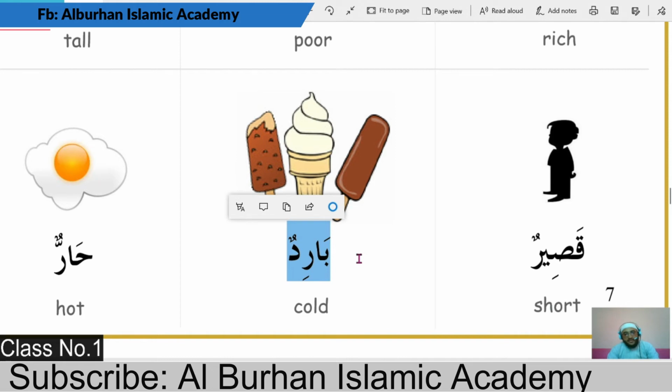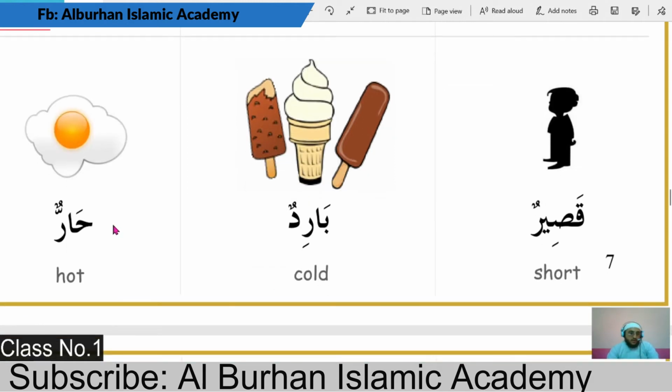Next, baridun. Barid used for cold. Okay, harun. Har used for hot, opposite of cold.